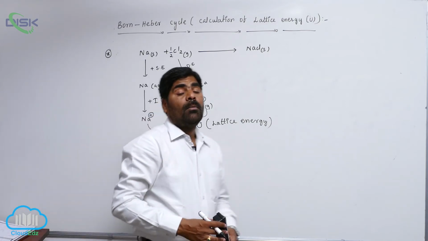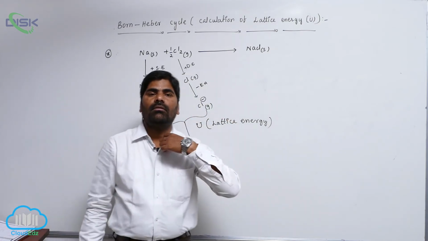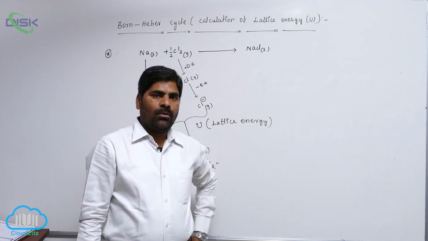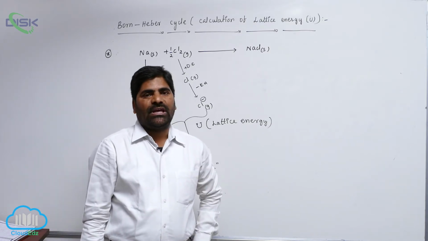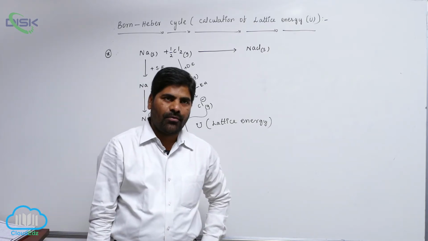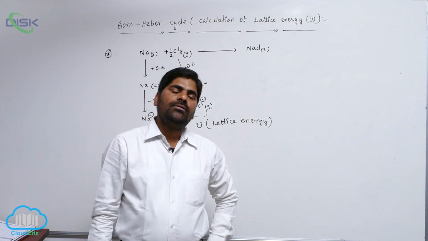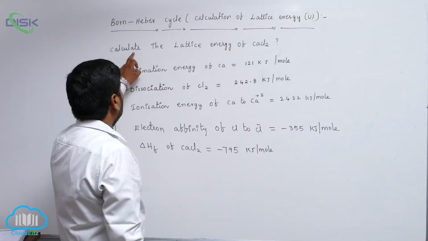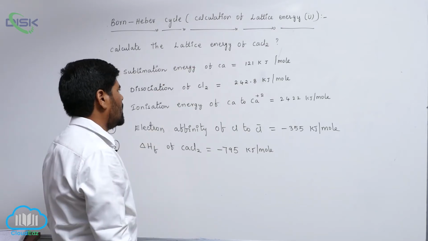So by using the Born-Haber cycle, lattice energy is calculated. The Born-Haber cycle always works on the basis of the first law of thermodynamics, that is Hess law. Calculate the lattice energy of calcium chloride.